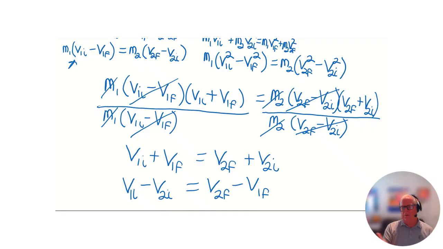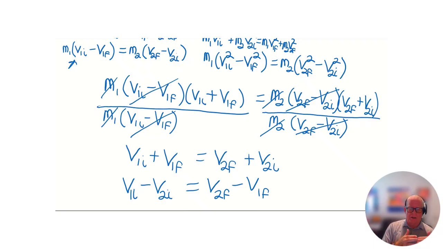And it works, by the way, even if both carts are going to the right. Let us say that cart number 1 and cart number 2 are both going to the right initially, but cart number 2 is going at a slower speed than cart number 1, so that they do approach each other and they have to collide.